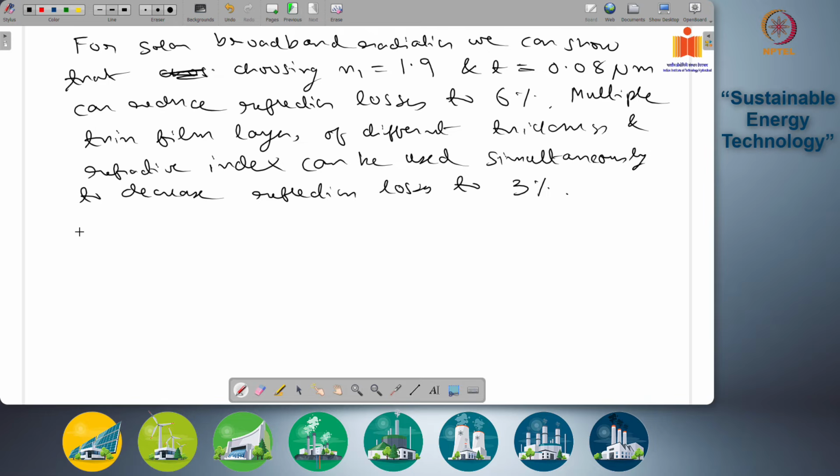Okay. Then the next efficiency improving design is light trapping by the rear surface.